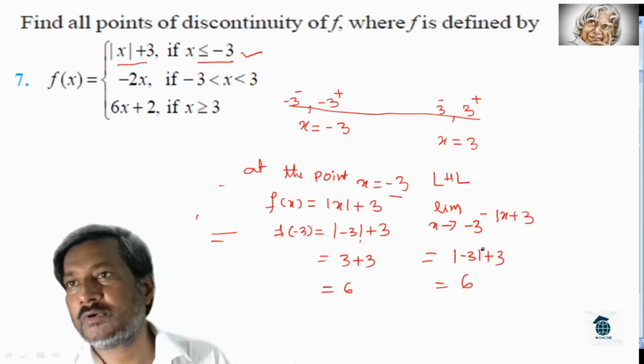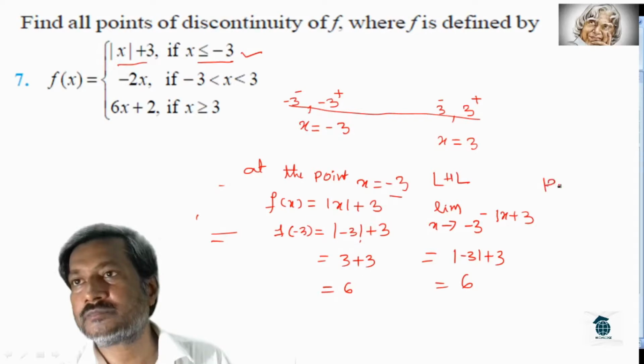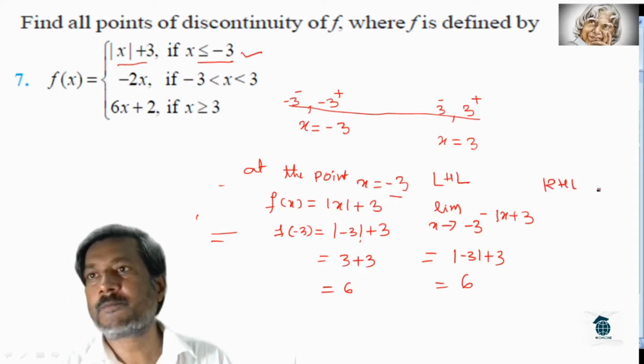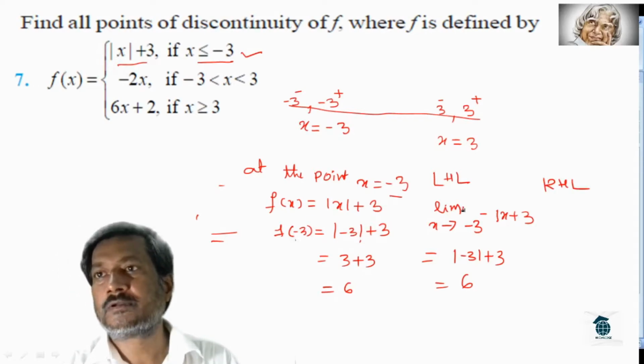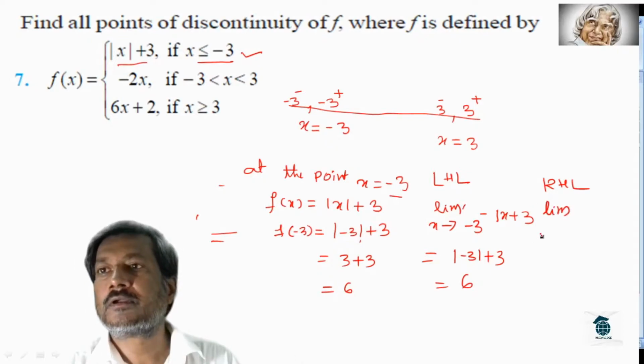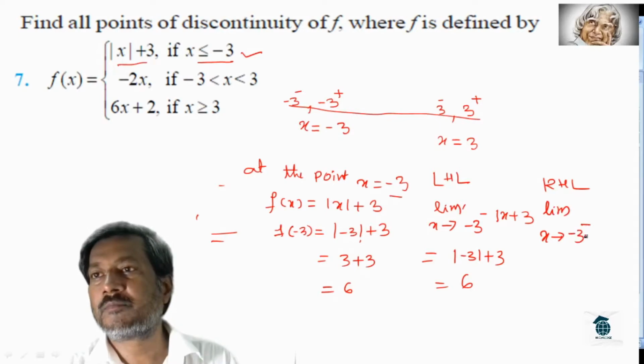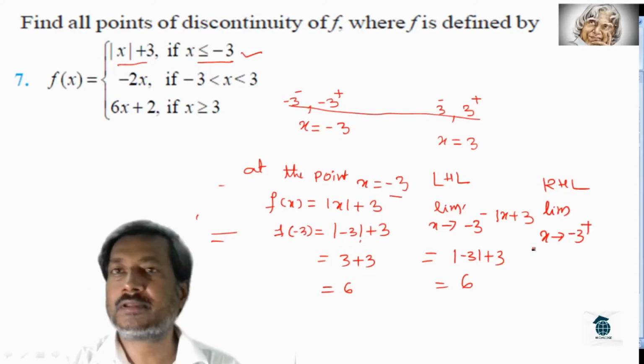So now go for RHL, that is limit x tends to minus 3 plus, that is greater than minus 3.